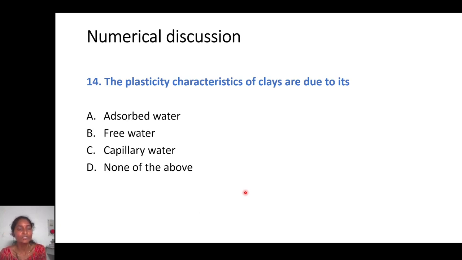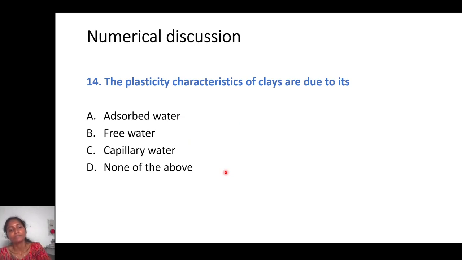So here the question is, the plasticity characteristics of clays are due to its option A. So if I have a clay, I have plasticity to the clay because of what? Is it because of the adsorbed water? Is it because of the free water? Is it because of the capillary water, or none of the above?